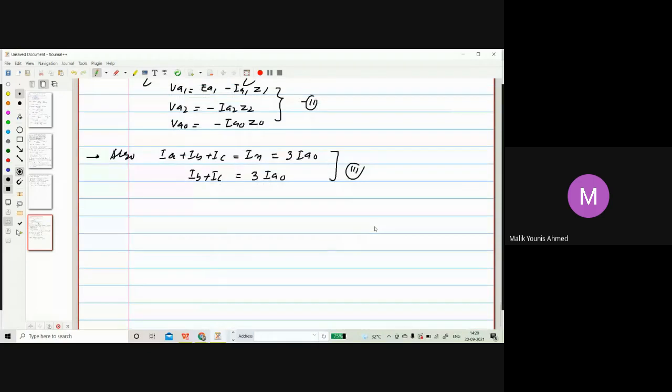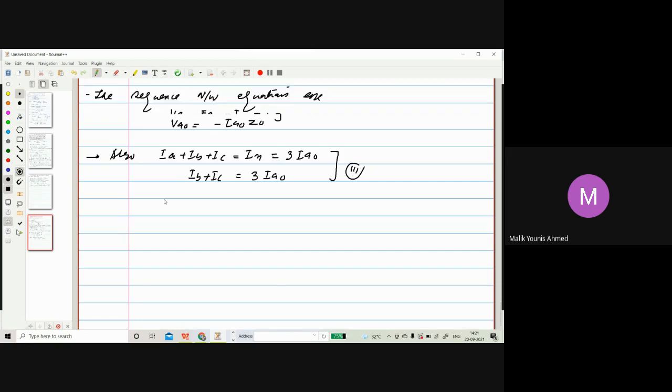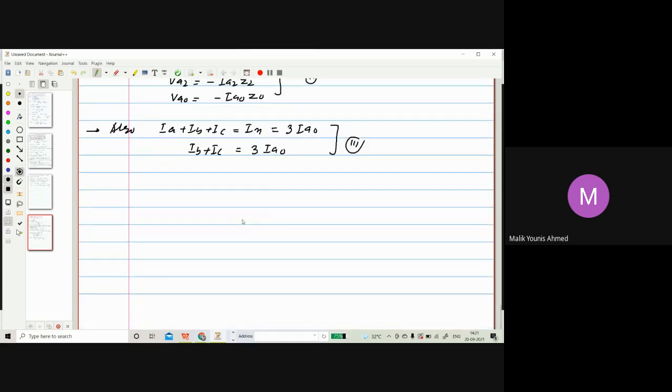Okay, so next, what is equation 1? VB is equal to VC is equal to IB plus IC, that is equal to fault current, into ZF.